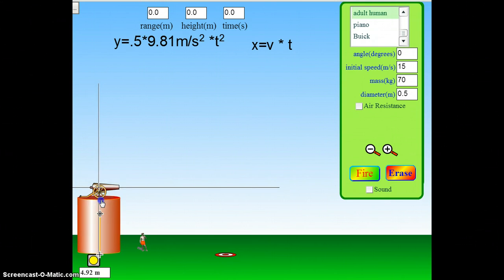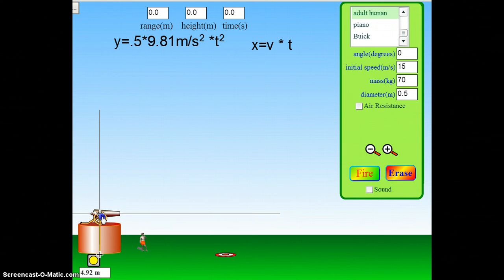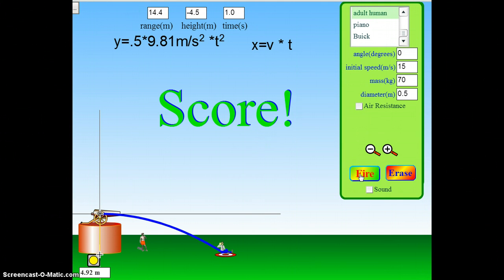Bring the cannon down to level right there. And let's see if we hit our target. Ah, wonderful. It hit the target. That is all of the practice problems.